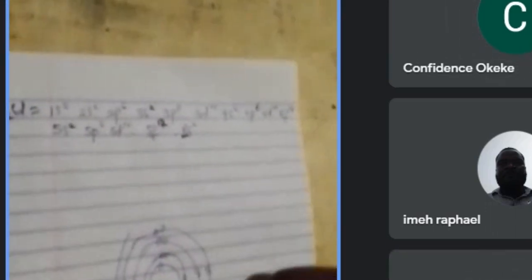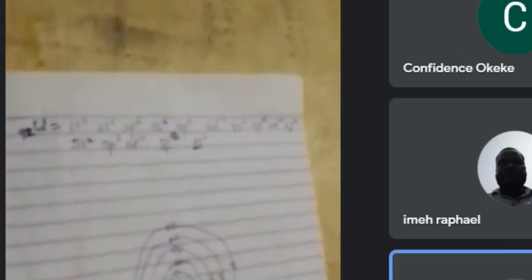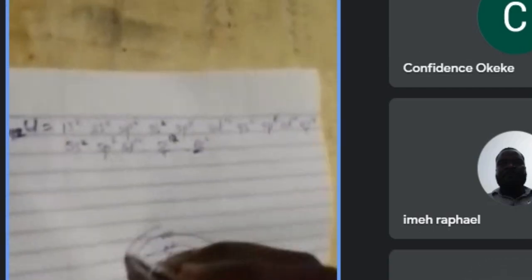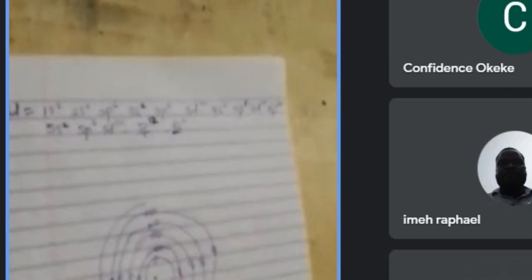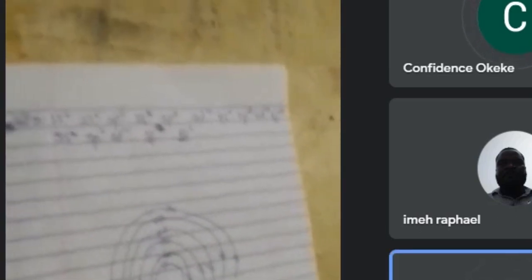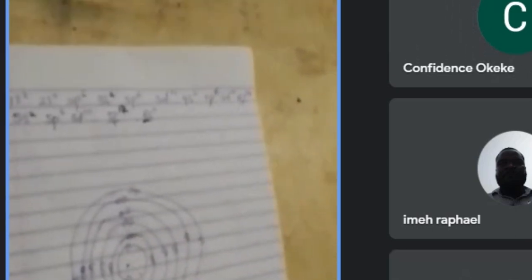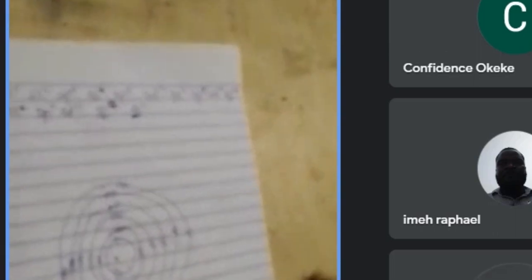Another 8, 34. Another 8, 42. 1, 2, 3, 4, 5, 6. This is the 6th shell.